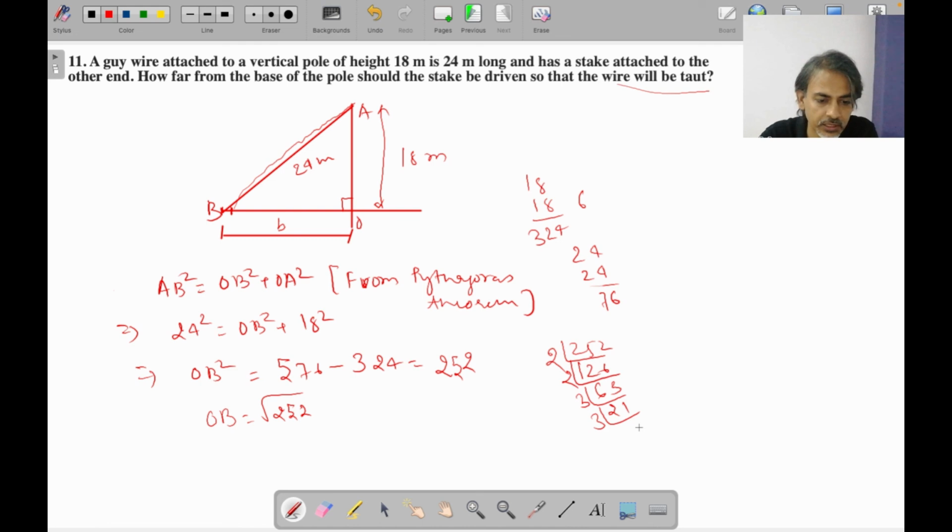Then we divided by 3 again. We got 7. So what we got here is 2 square into 3 square into 7. We can take out 2 square and 3 square, so we get 2 into 3, and 7 remains inside. So this is nothing but 6 root 7. So we got OB equals 6 root 7 meter, and that will be your answer.